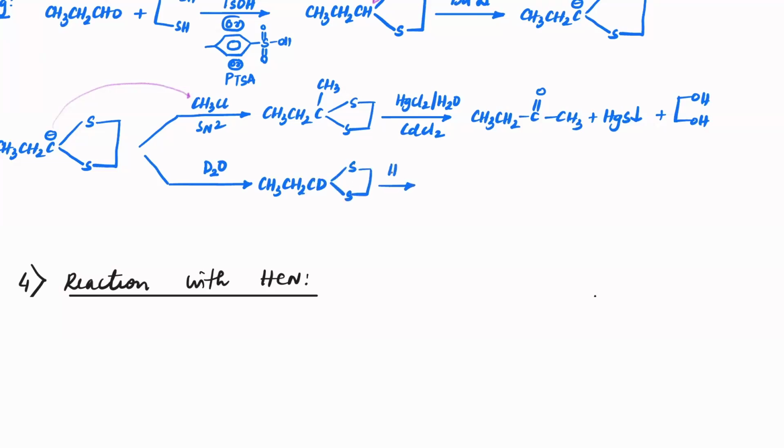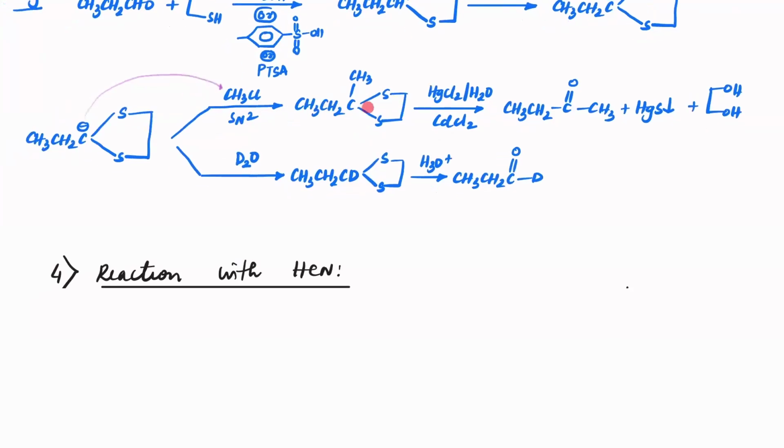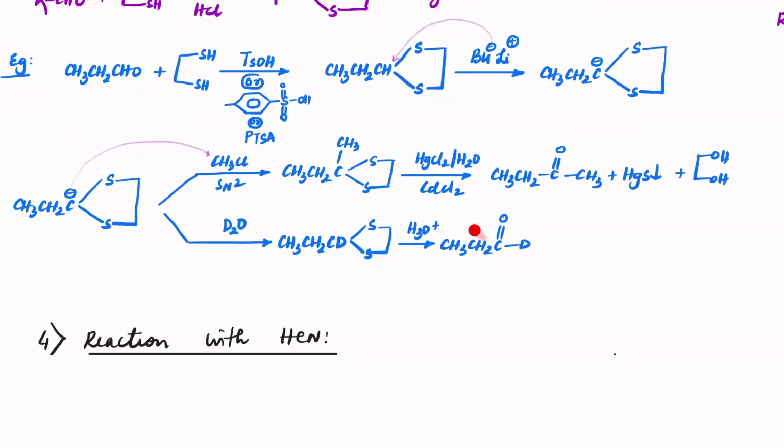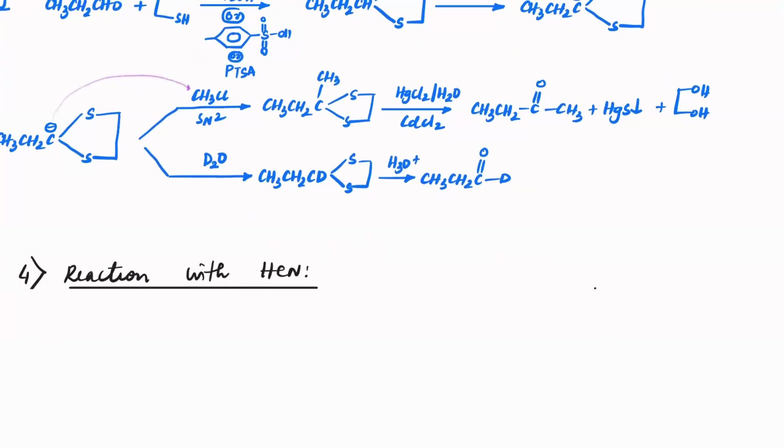And then on hydrolysis, you'll be able to make this into CH3, CH2, sorry, CH2, C double bond O and D. So that means instead of the original hydrogen here, if you want to replace that with deuterium, this is another method you can follow. Got it? This is another way you can follow.